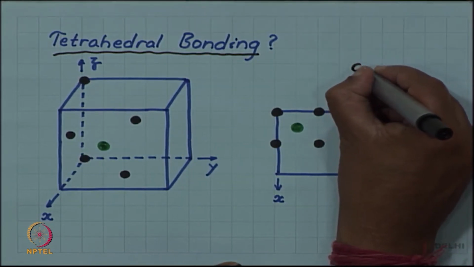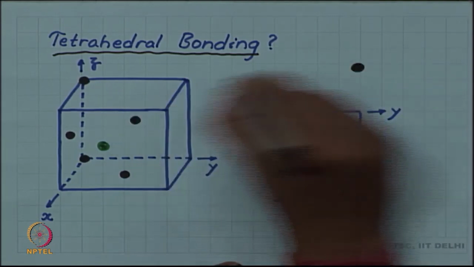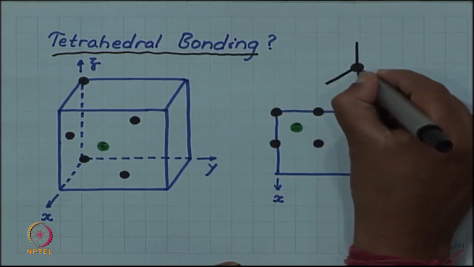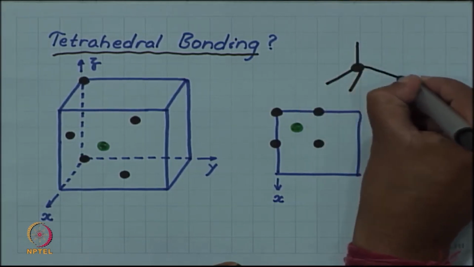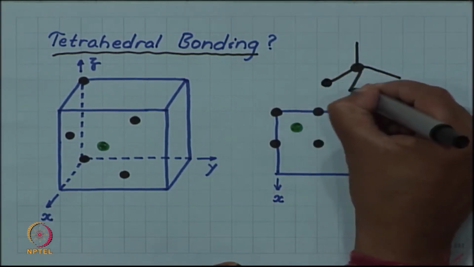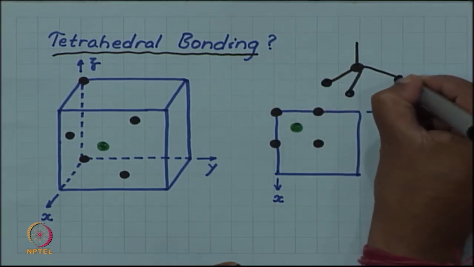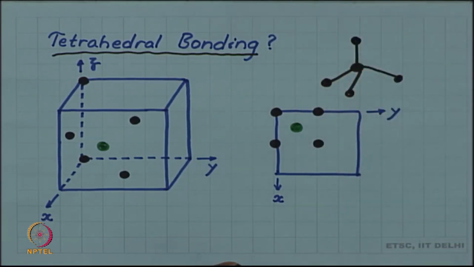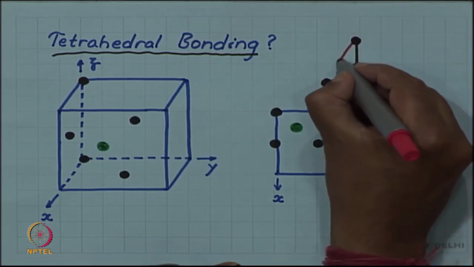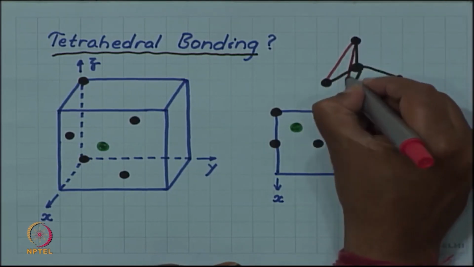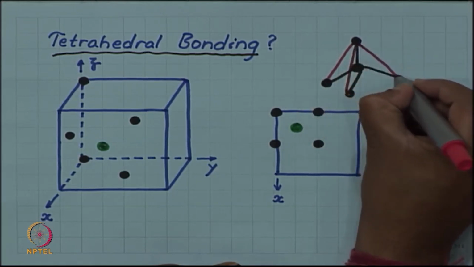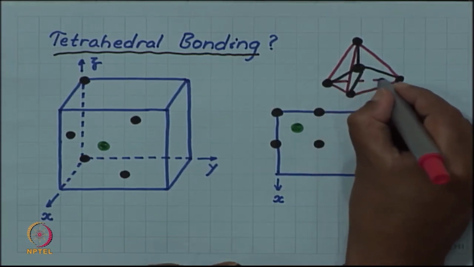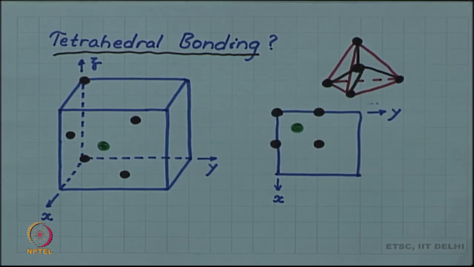So, if I take a carbon atom in diamond, it is supposed to be bonded to 4 other carbon atoms, and these 4 carbon atoms, if I join them, are on the vertices of a tetrahedron. They are forming a tetrahedron.